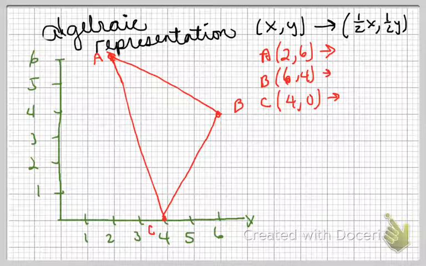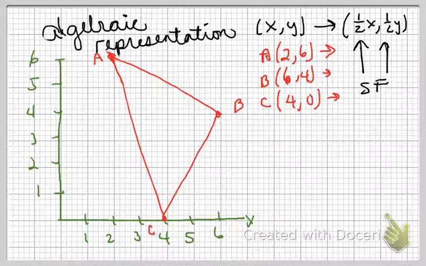The prime is going to be half of that, according to this. Now, I just want to point out something here. The number that's in front of the x, that's my scale factor, and it's telling me what I'm going to multiply each of these by.